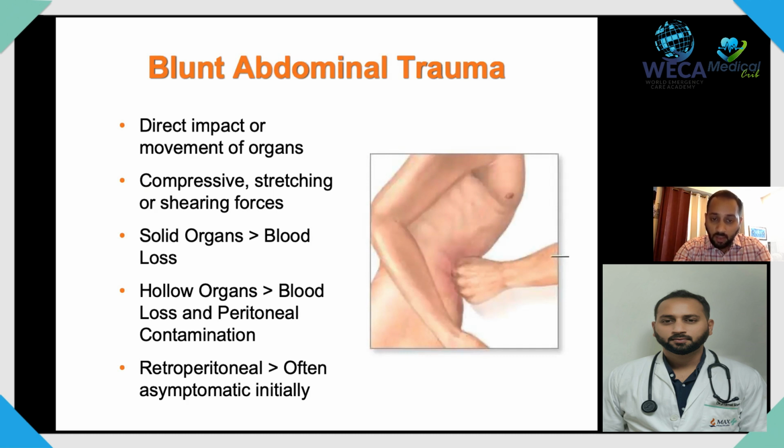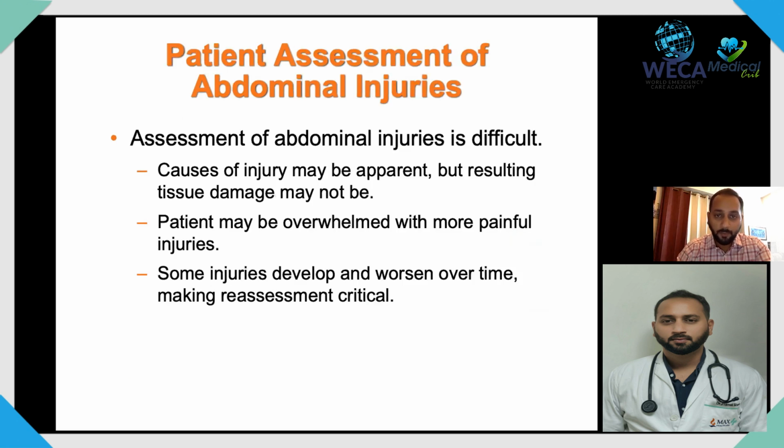Hollow organs can lead to blood loss as well as peritoneal contamination. And retroperitoneal hematoma can initially be asymptomatic, but as we spoke in kidney injuries, there can be some serious hemorrhage, and that may lead to hypoperfusion and shock in the patient.